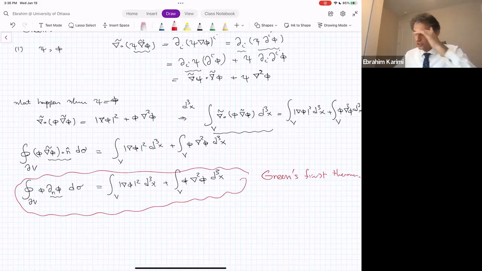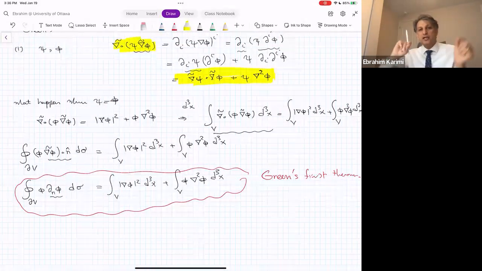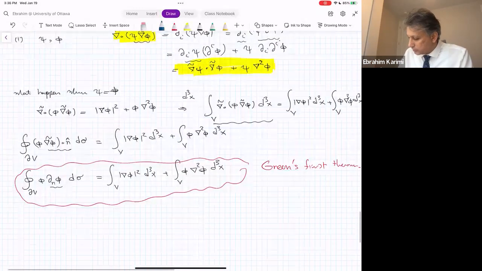Let's go with the second theorem. Do you see this equation, guys? Now let's write it when psi and phi are swapped. So that's the second theorem.